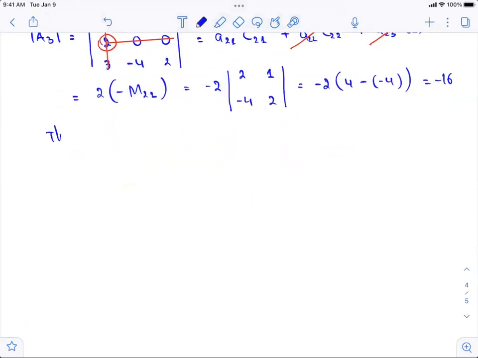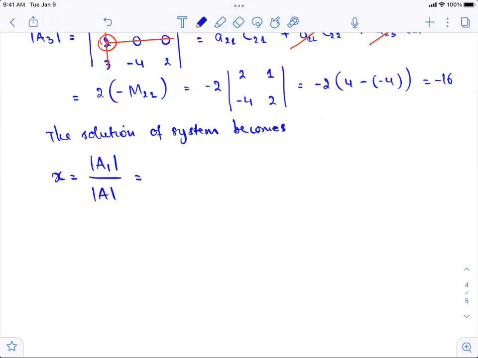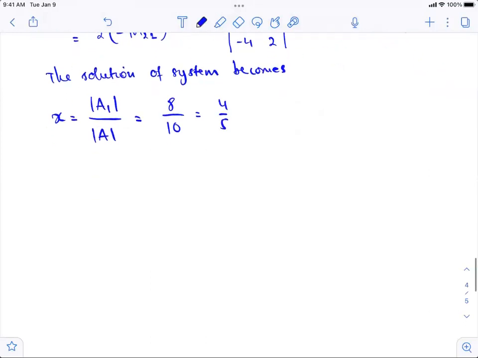And the solution of the system becomes that x is equal to the determinant of A1 over the determinant of A, or this is 8 over 10. You simplify that, you get 4 over 5.